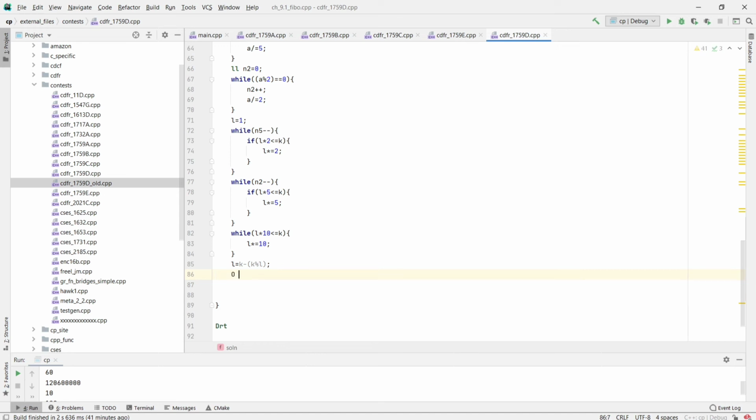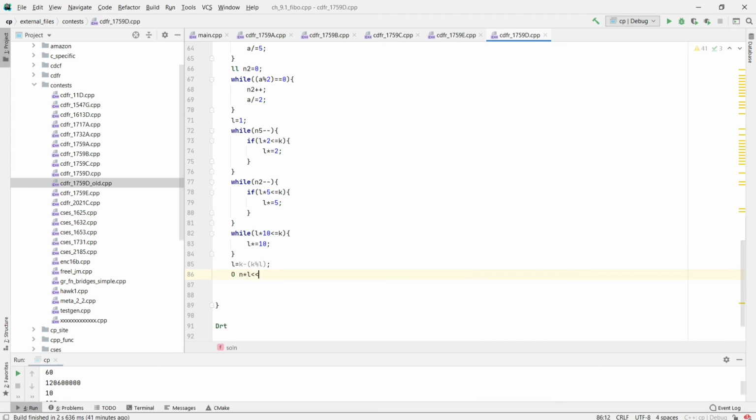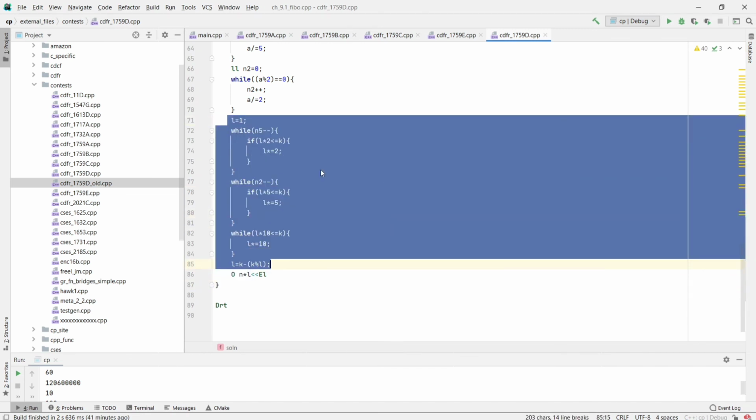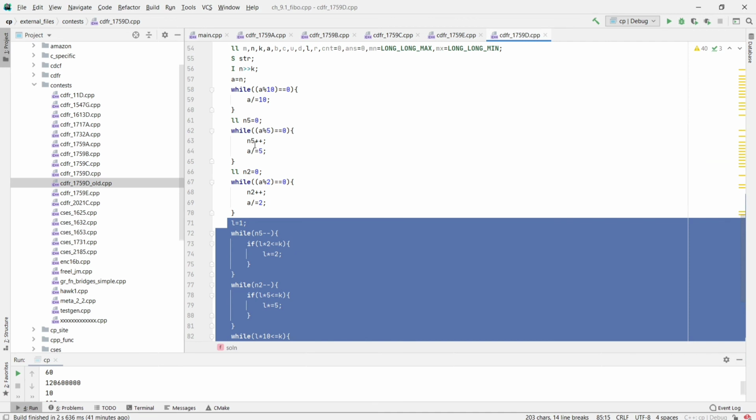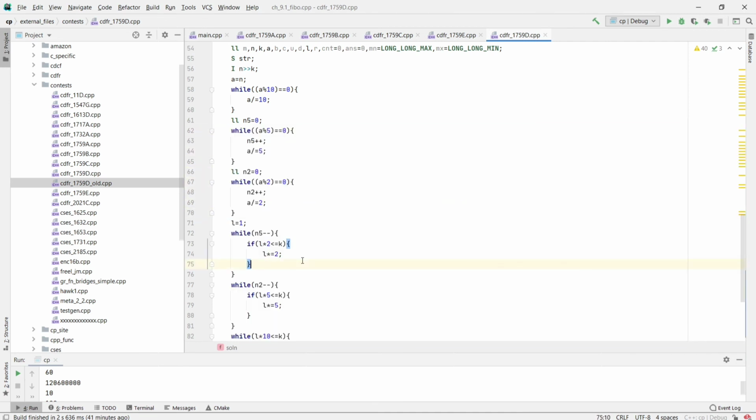So now we can print N multiplied by L and end line. We created this L based on the information available from here, like n5, the number of 5s, and number of 2s inside N.